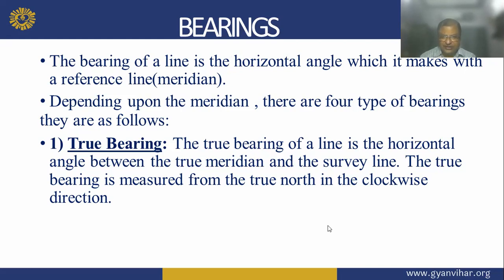The true bearing of a line is the horizontal angle between the true meridian and the survey line. The true bearing is measured from the north in the clockwise direction. This is true bearing.